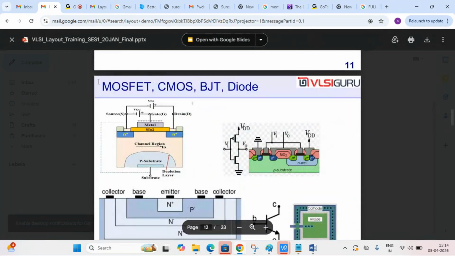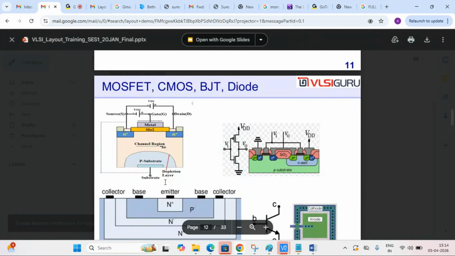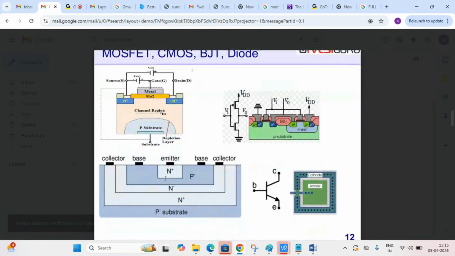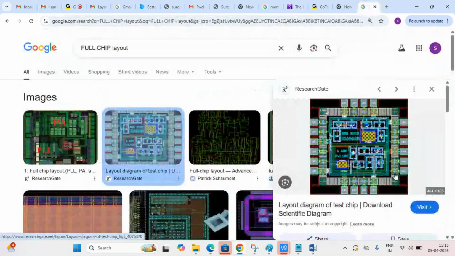Everywhere you will see MOSFET, some BJT, diode will be utilized in the chip. But MOSFET is 90% constant, meaning in the full chip diagram, MOSFET will cover 90% of the area. CMOS means complementary metal oxide semiconductor. There PMOS will be there. It is a combination of both PMOS and NMOS.